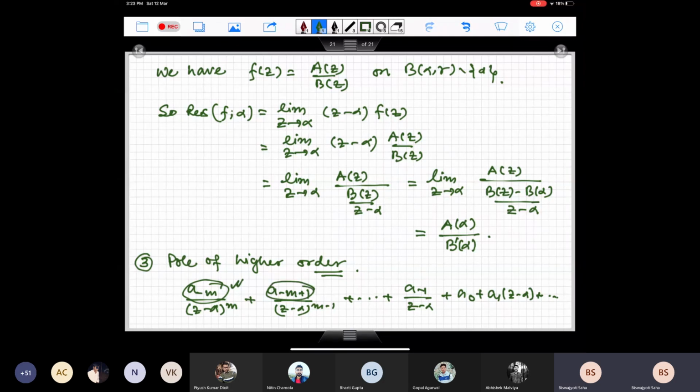You take the derivative and then evaluate at alpha, because when you take the derivative, the constant term goes away, the first degree term becomes the constant term, and evaluating at alpha gives you the next term. Similarly, if you need a minus m plus 2, you differentiate twice and then evaluate at alpha.